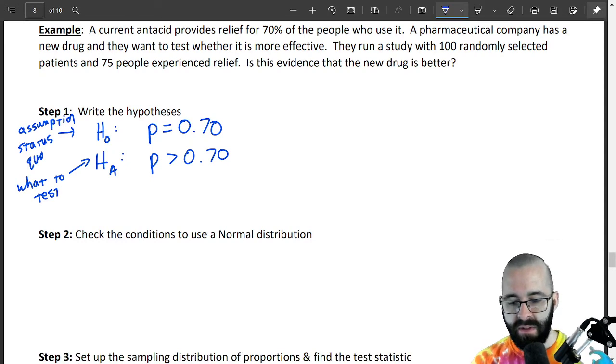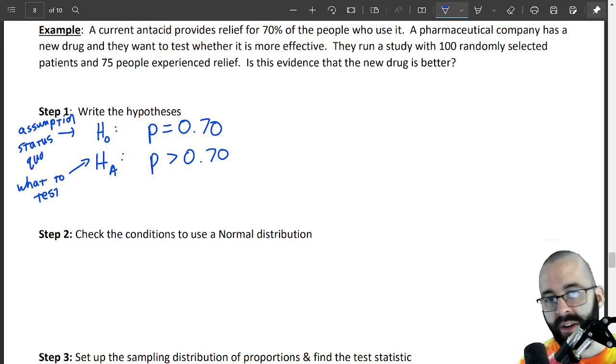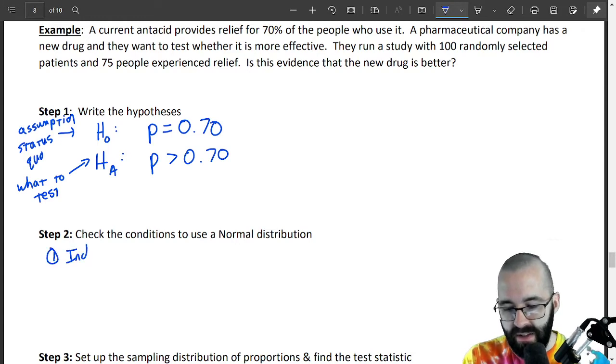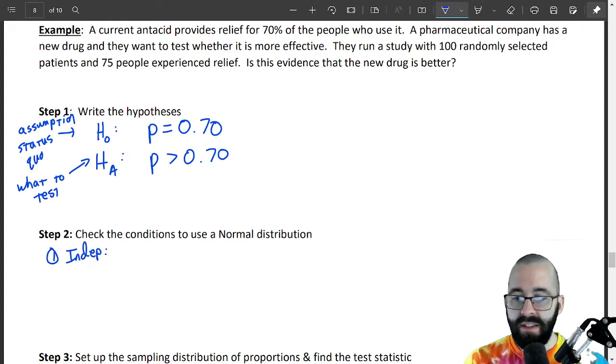Can we use the central limit theorem? Can we use the sampling distribution of proportions in this fashion? We have to check independence. As long as our sample is less than 10% of the population, we're good to go. Well, it's 100 randomly selected patients. That's going to be less than 10% of the population, right?